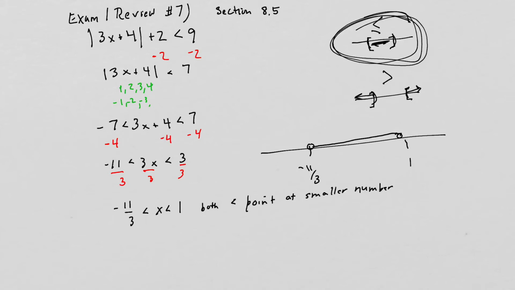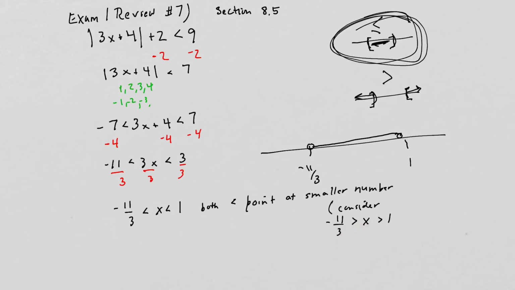Otherwise, you have described the empty set. If they were both pointing at the 1, you would have the empty set. So, just look. If you had the x in the middle and both inequalities pointing this way, you'd be saying, first of all, the x's that are smaller than negative 11 thirds, okay, like negative 5 or negative 10, but which are larger than 1.